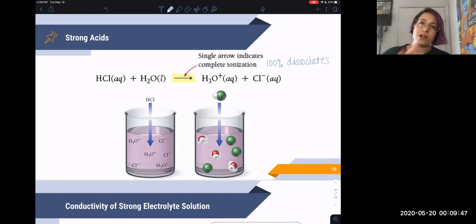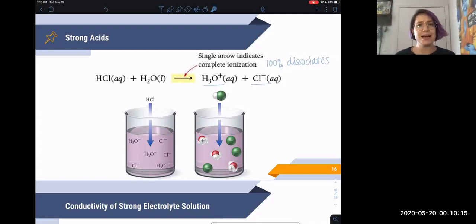So that means that when that acid hits that water, it is going to 100% donate its hydrogens to the water, making hydronium and then whatever's left over. So we use one single arrow to designate this, meaning this reaction goes one way. It does not go back and forth.